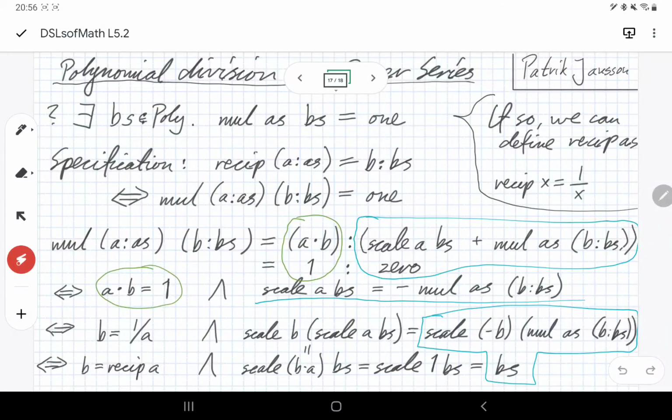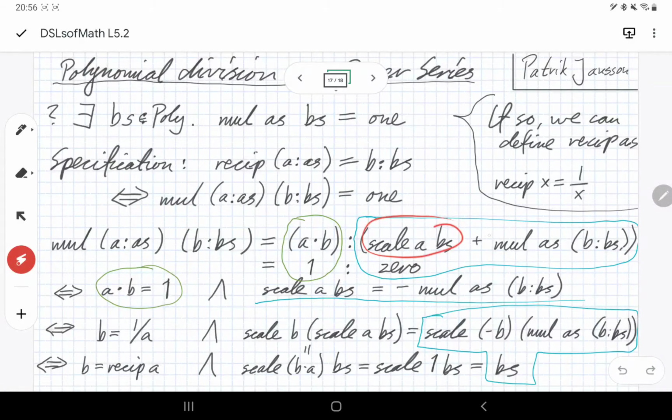Okay, so the first part here in the middle is what I just repeated from the previous slide. And what we need to solve, because lists, even infinite lists, match only if all the components match. So A times B should be equal to 1. That's the first green part. And then this other part should be equal to 0.